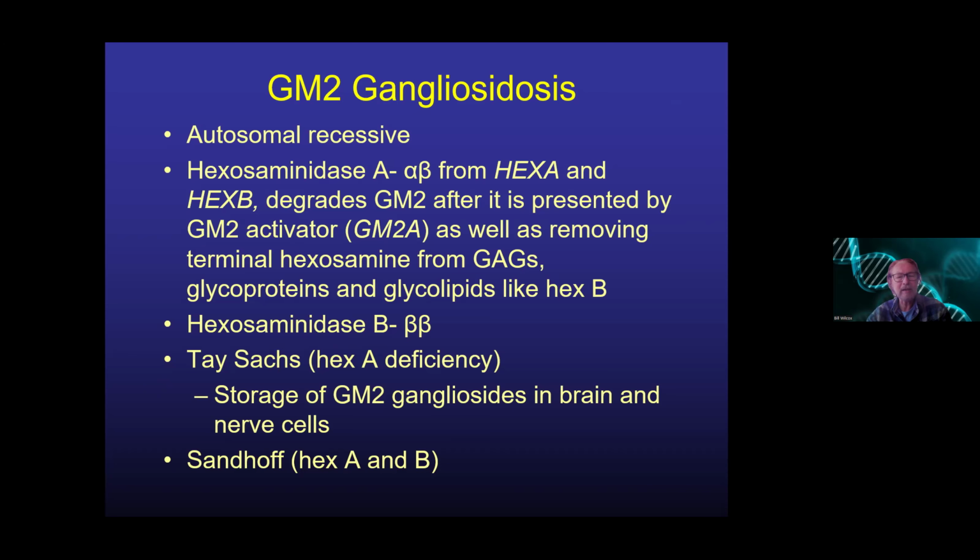Hexosaminidase B is a homodimer of the beta subunits that come from the HEXB gene. And this produces two different diseases, Tay-Sachs, which has hex A deficiency and stores GM2 ganglioside in the brain and nerve cells and in the retina, and Sandhoff disease that is combined hex A and B deficiency due to mutations in the HEXB gene.